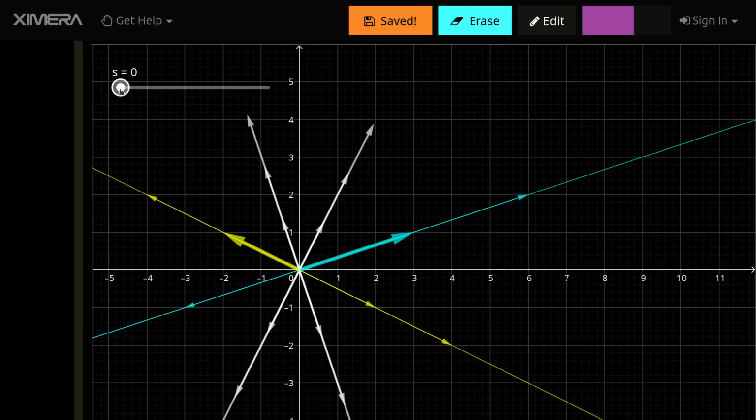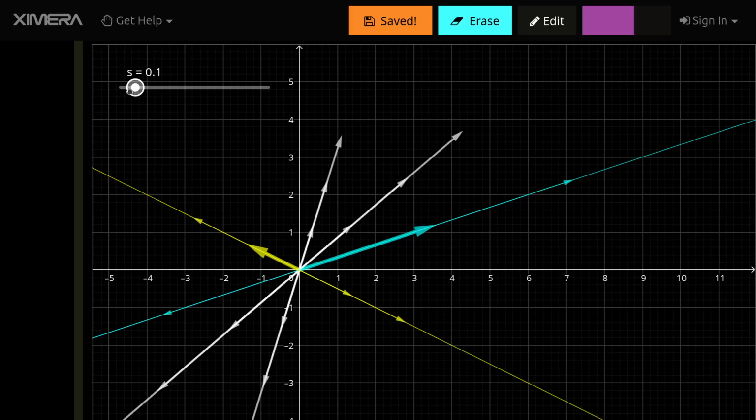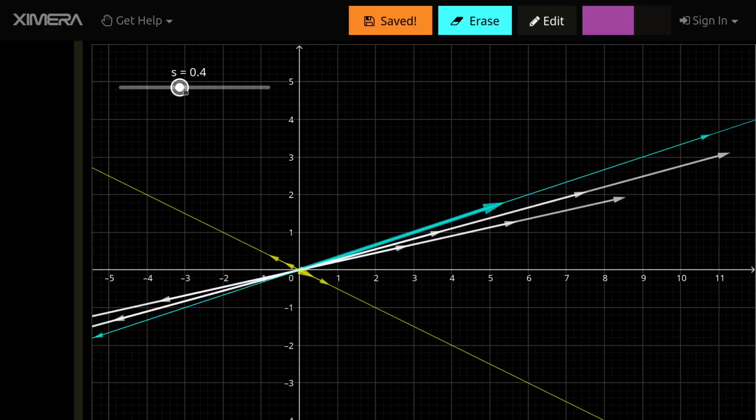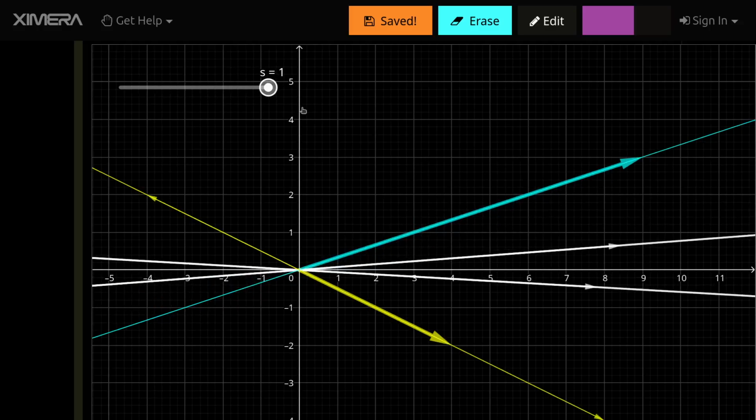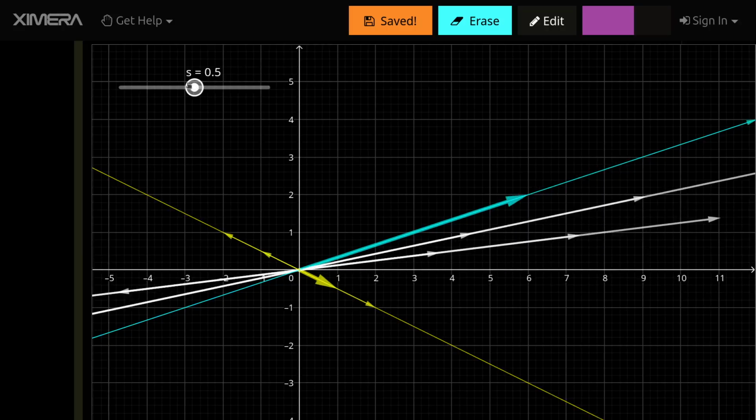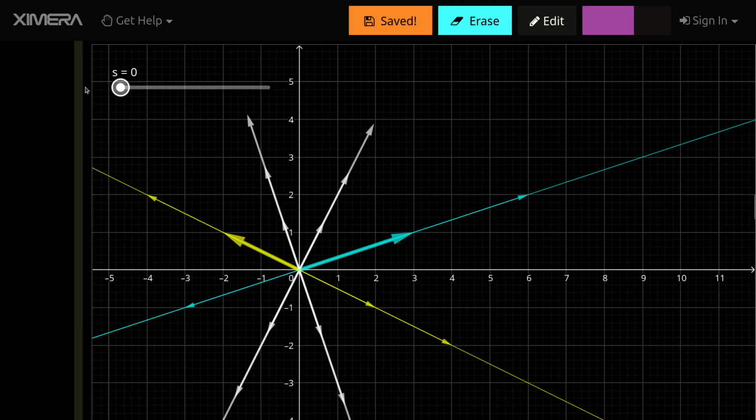I'll go slowly so we can keep track of where they end up. They were pointing more up and down, and now they've almost rotated so that they're more horizontal. In other words, the vectors changed direction.